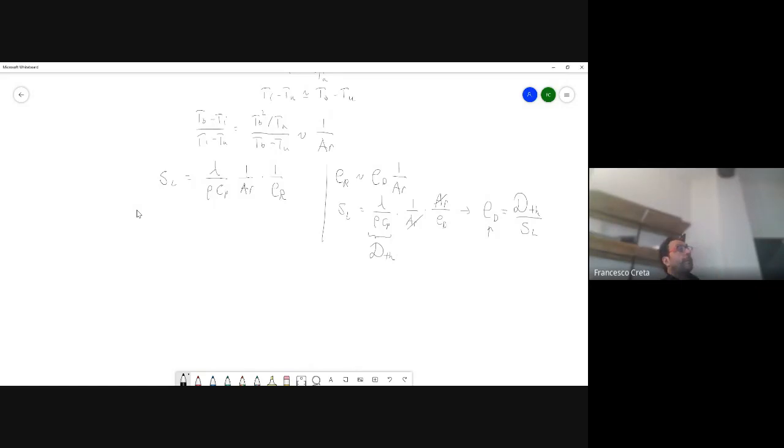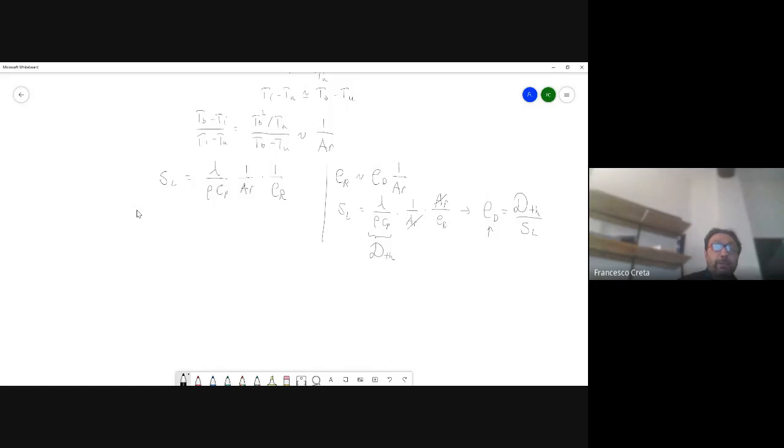I want an expression for SL, the laminar flame speed, that is actually useful, so that it's dependent on the operative parameters of my mixture. For example, one of the most important operating parameters would be pressure. At what pressure am I operating this premixed flame?